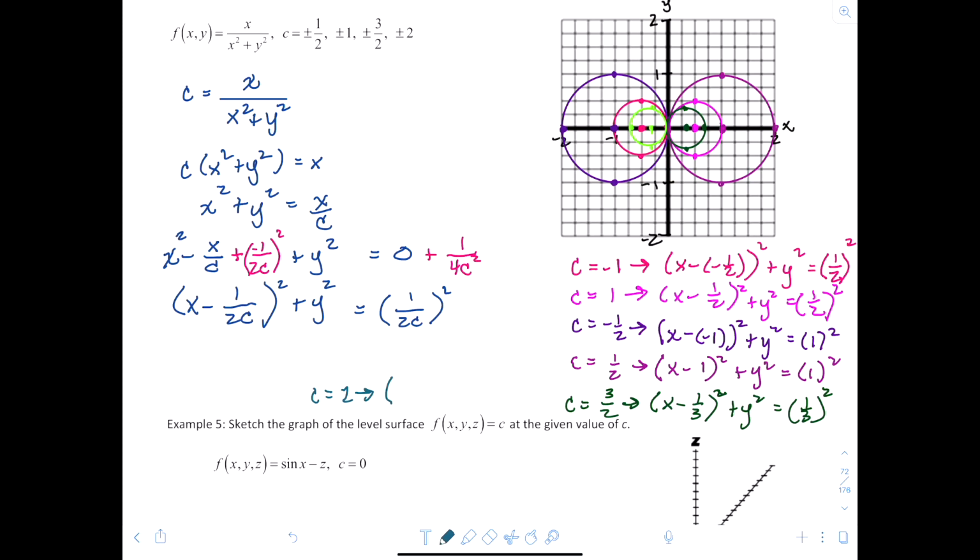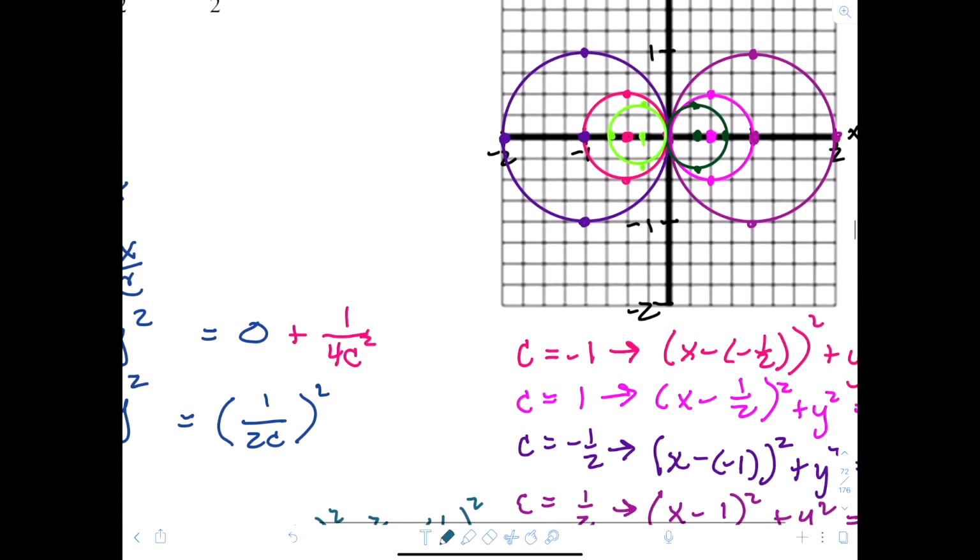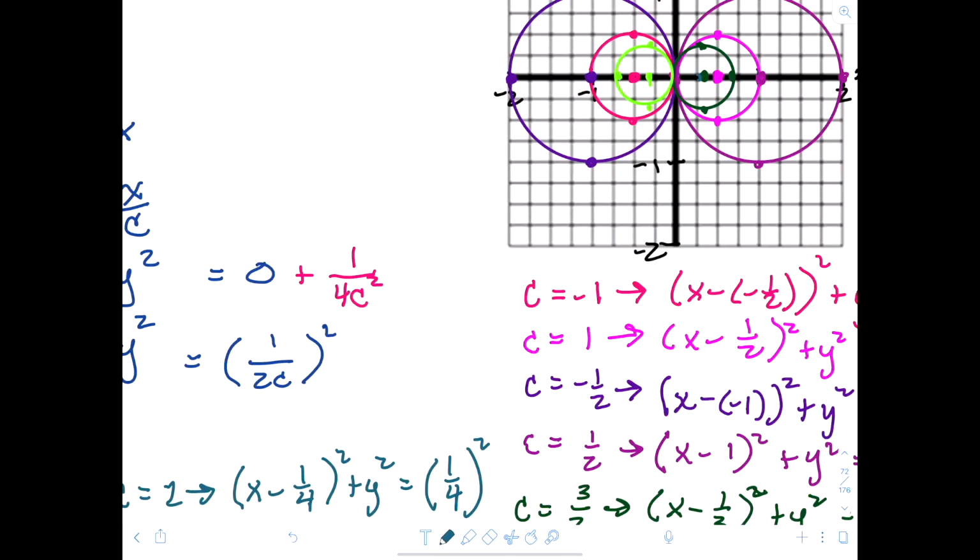If c is 2, you'd have what? x minus a quarter squared plus y squared is equal to a quarter squared, so that'd be even smaller. So a quarter is here. Whoops, do the positive side. So a quarter would be about here, and then here, here, and here.